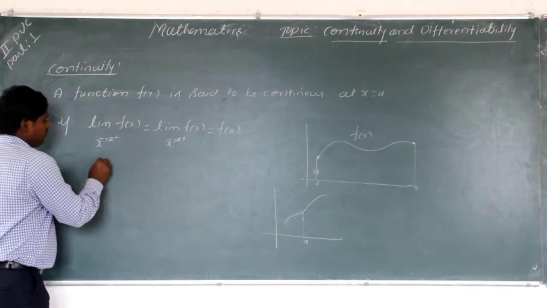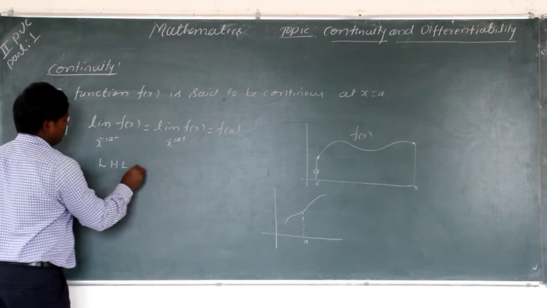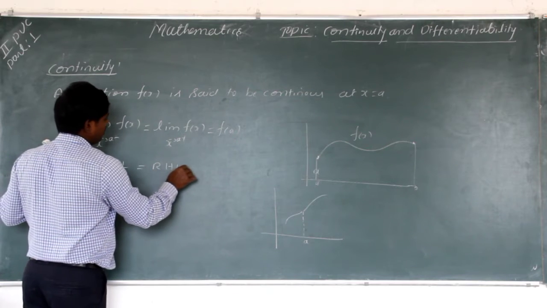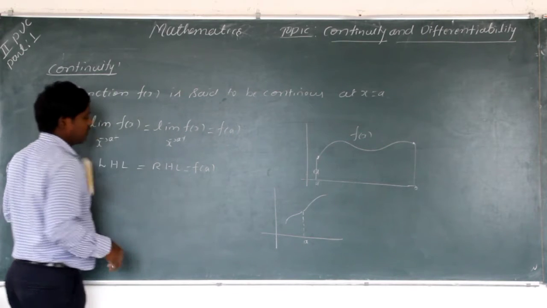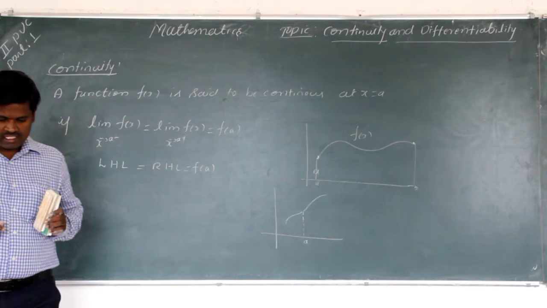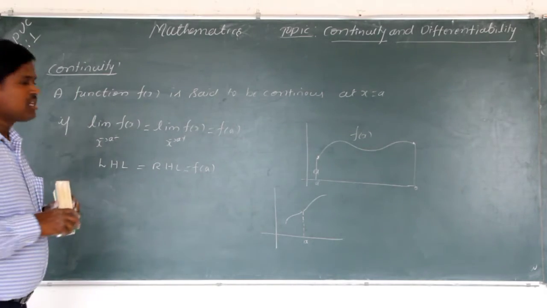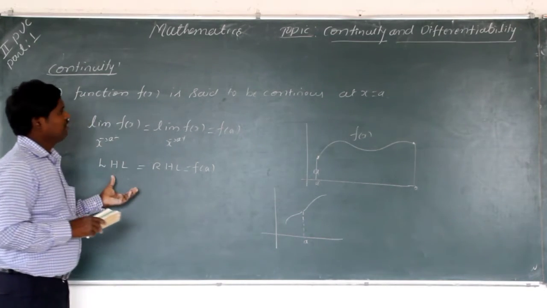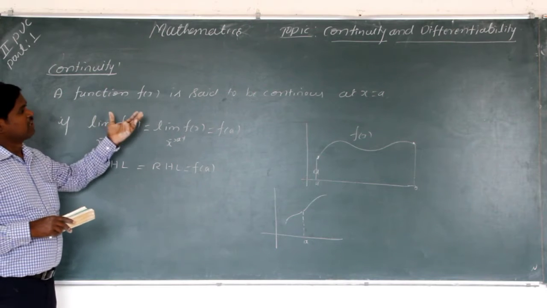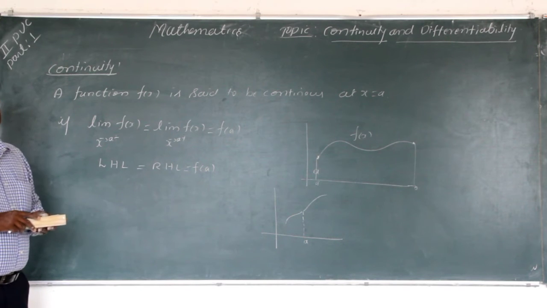That means left hand limit is equal to right hand limit is equal to f of A. F of A is nothing but the value of the function at x is equal to A. Then the function f of x is said to be continuous at x is equal to A.